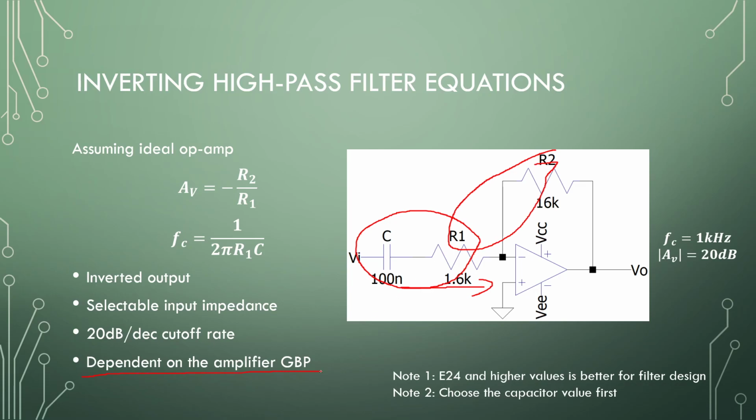And again, this is dependent on the gain bandwidth product of our amplifier. So all high pass filters using op amps after a time will look like band pass filters because we will have our high pass effect, and then later on the op amp will start to cut off and we will have a low pass effect again.